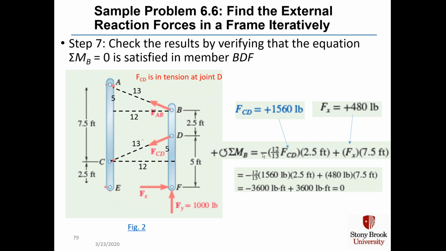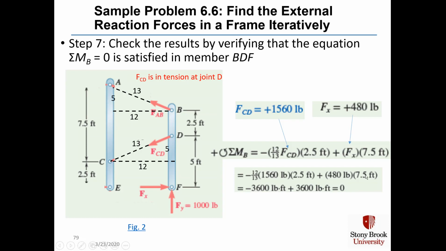We sum the moments around B, and we first take F_CD, which is going clockwise around point D, and we take 12/13, meaning the horizontal component, and it's separated by 2.5 feet, and we plug in 1560 for F_CD, plus F sub x, which wants to go counterclockwise around point B, and it has a perpendicular distance of 5 plus 2.5, which is 7.5 feet.